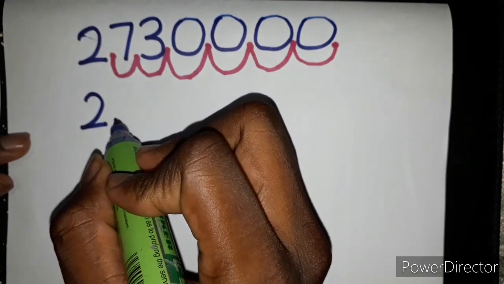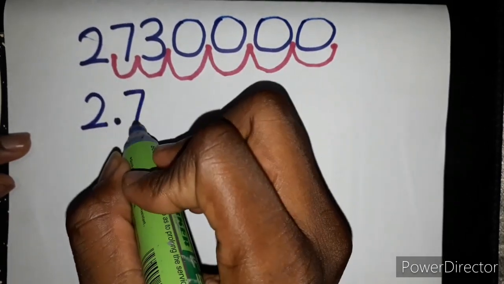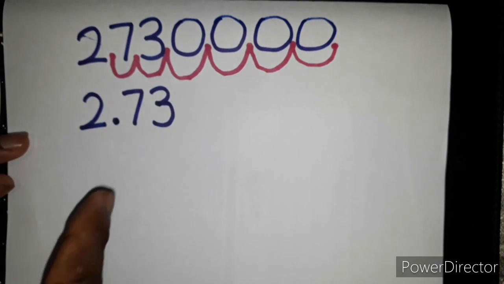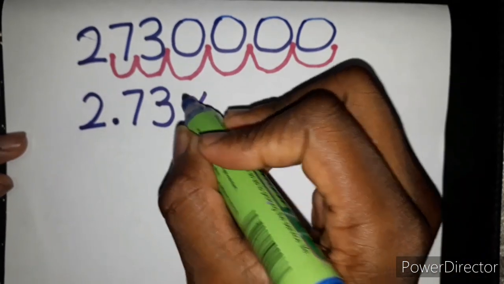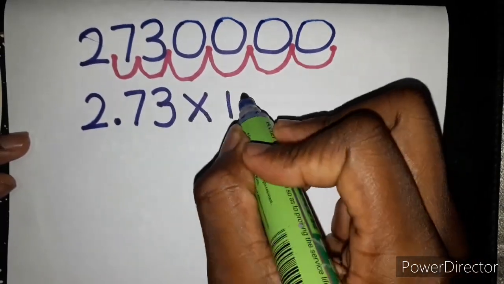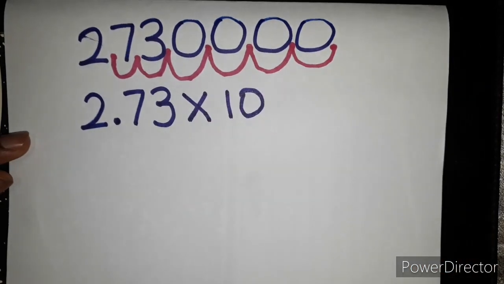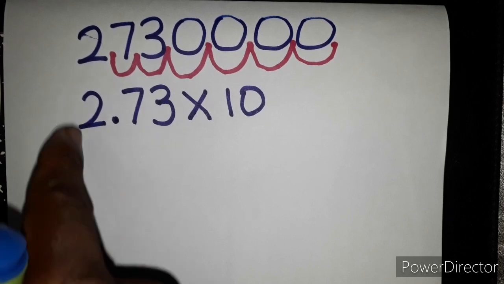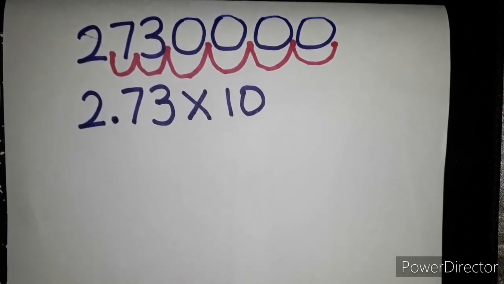The point is now here, right? So 2.73, and then you multiply this number by the number 10. You're always multiplying by 10. Whenever you're finished moving the point and the point is between the first numbers, you're always multiplying it by 10.